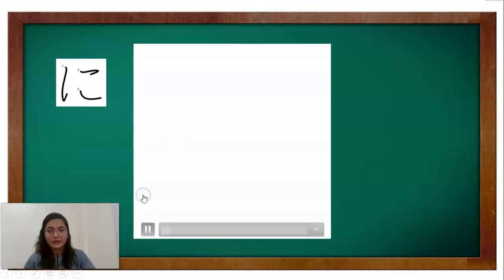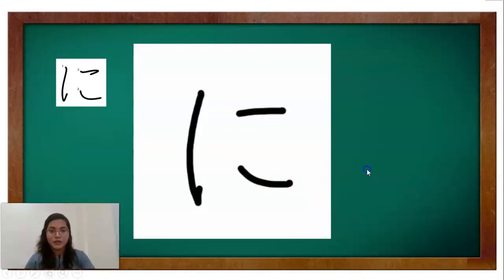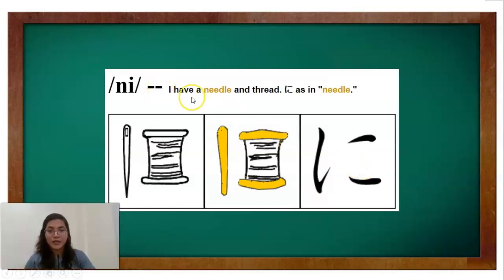ni. Ni has 3 strokes. 1, 2, and 3. Okay, let's try it again. 1, 2, and 3. Okay, and to think of this character, imagine a needle and thread.